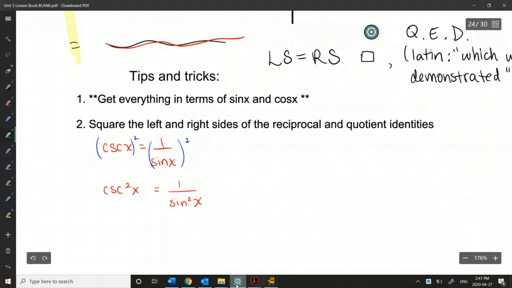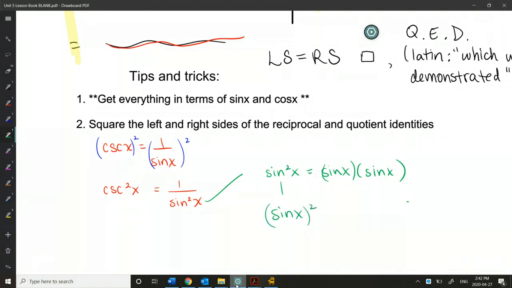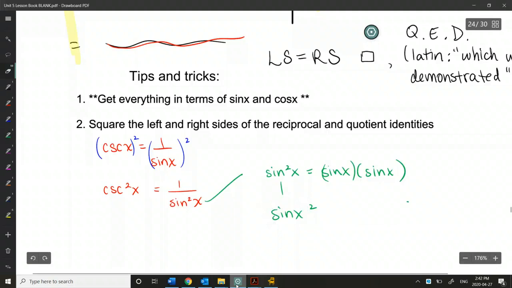Now, one really important thing that we touched on super briefly on a previous worksheet is that sine squared x actually means sine x times sine x. And this technically is another way of writing sine x all squared. The reason why we don't simply just write it like this is that it gets a little bit confusing as to whether we're squaring just the x or whether we want to square the entire sine x.